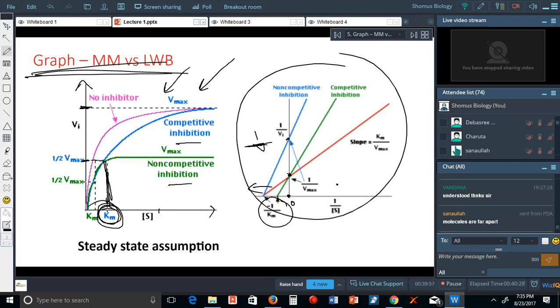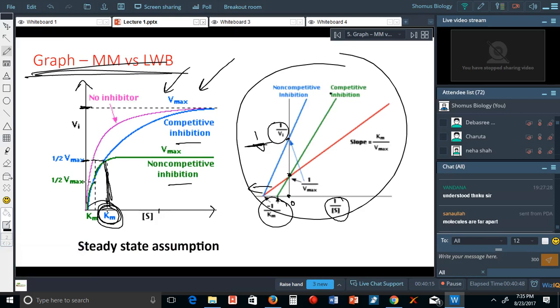That's the idea. This graph is plotted based on the inverse of substrate concentration and the inverse of velocity, so we get 1 by Vmax intersecting the y-axis and minus 1 by Km intersecting the x-axis.